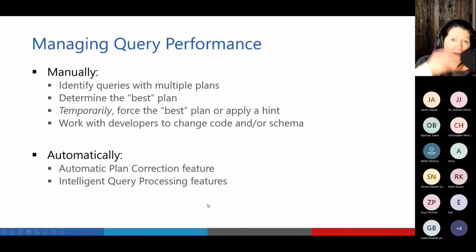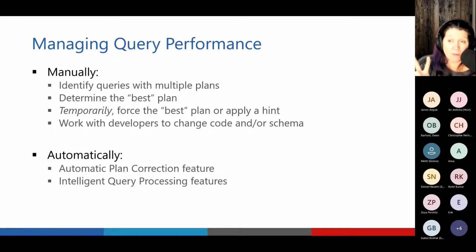So in terms of how you can leverage QueryStore to manage your query performance, very simply, you can see which queries have multiple plans, and you can see when you have regressions, right? You can then go determine what you think is the best plan to use. You can temporarily force that plan or apply a hint, right?